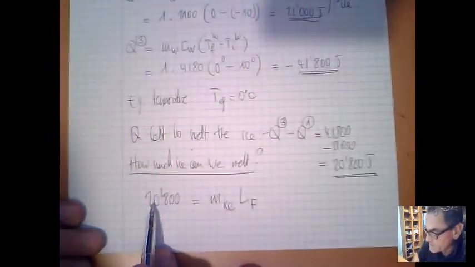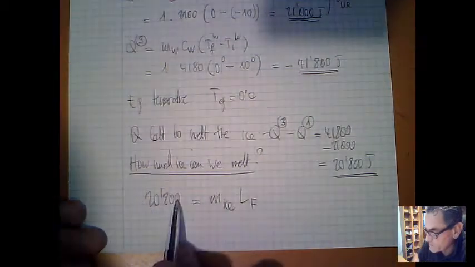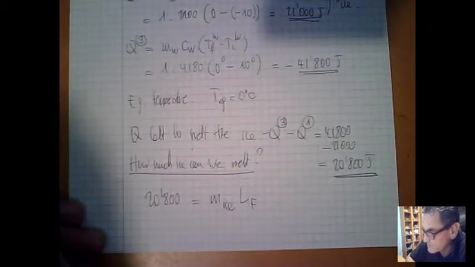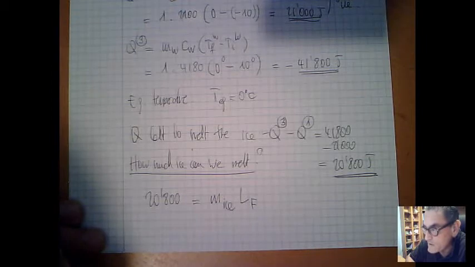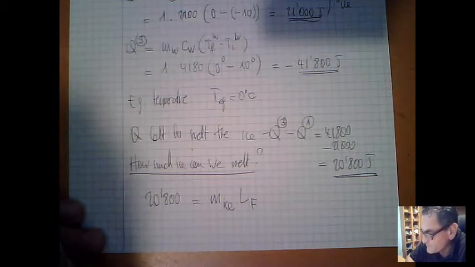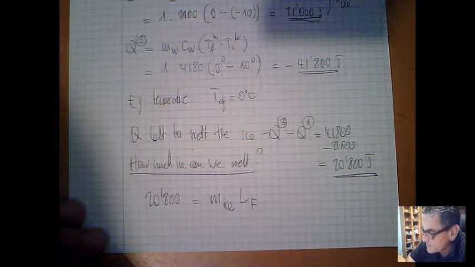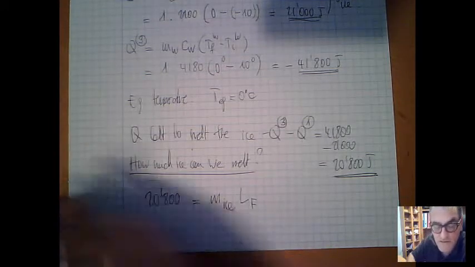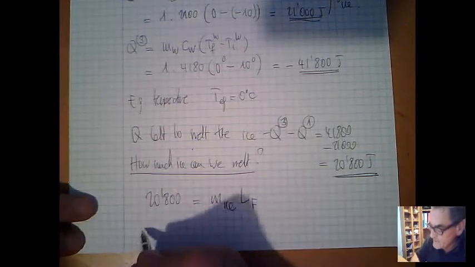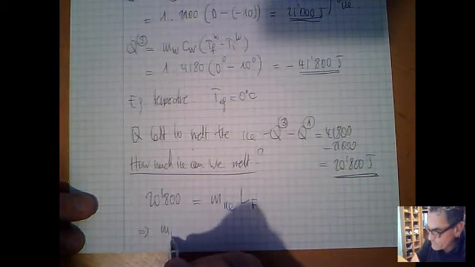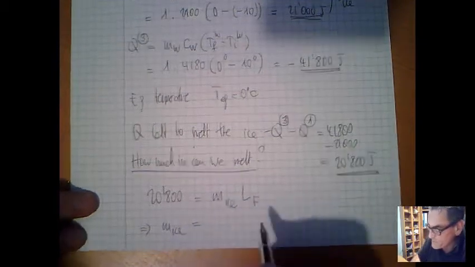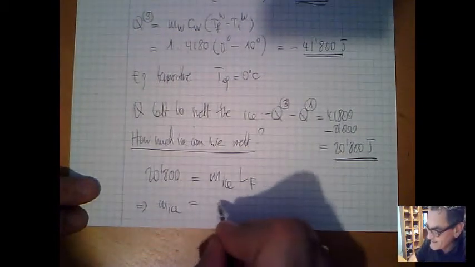But with 20,800, we can melt only a part. So now we need the latent heat of fusion of the ice.